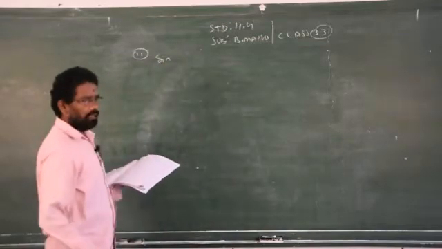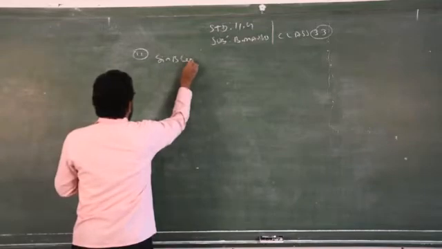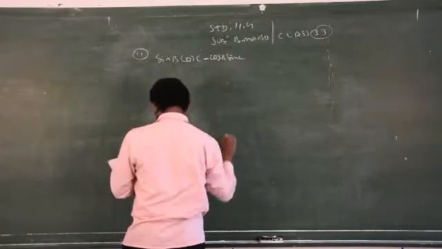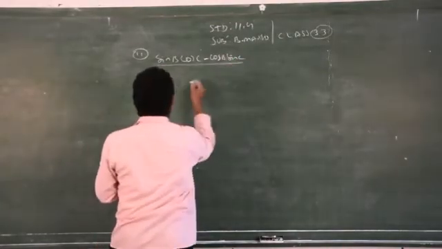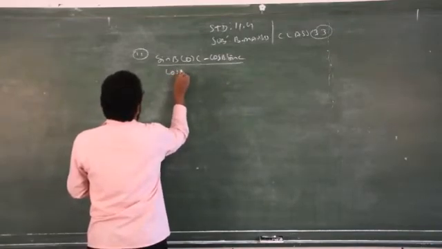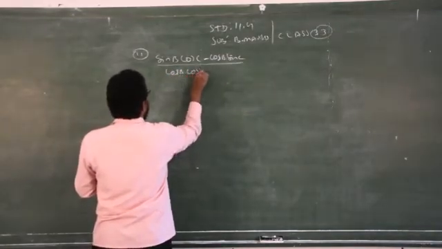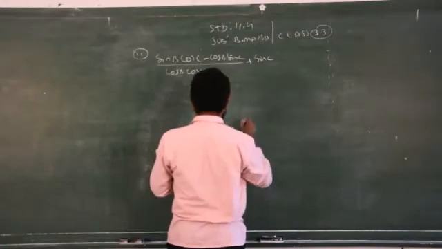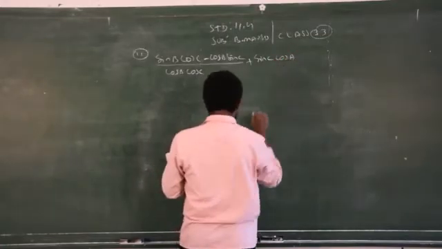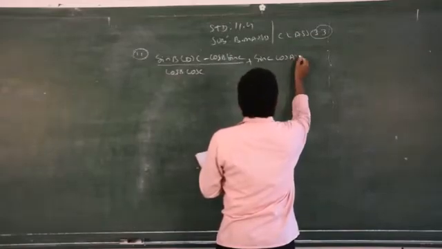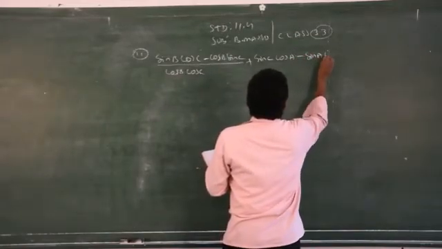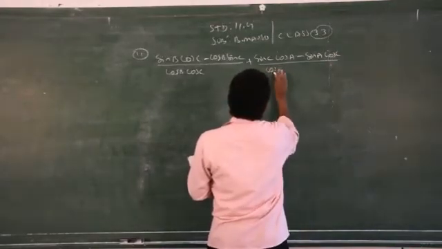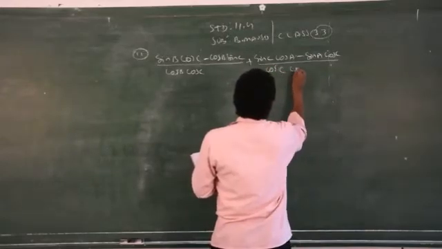You have to apply the sin A minus B formula, that is sin B cos C minus cos B sin C by cos B cos C, plus sin A, but here it is given sin C cos B, that is A, minus sin A cos C over cos C cos A. Clear?